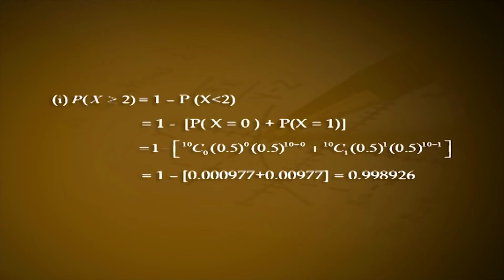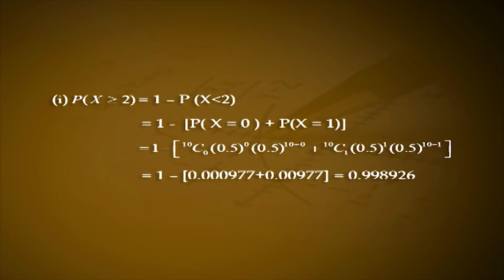P of X greater than or equal to 2 is equal to 1 minus P of X less than 2. That is 1 minus of P of X equal to 0 plus P of X equal to 1. That is 1 minus of 10C0, 0.5 raised to 0 into 0.5 raised to 10 minus 0, plus 10C1, 0.5 raised to 1 into 0.5 raised to 10 minus 1.